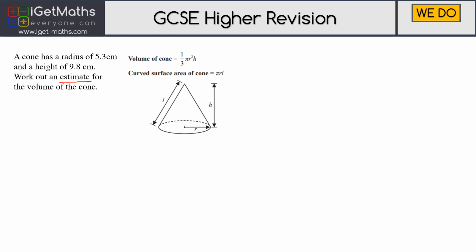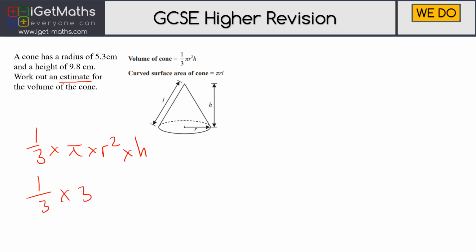So we've got a third times pi times r squared times the height, and we're going to change the information here to an estimate. So we've got a third. Pi we're going to simplify down to 3.